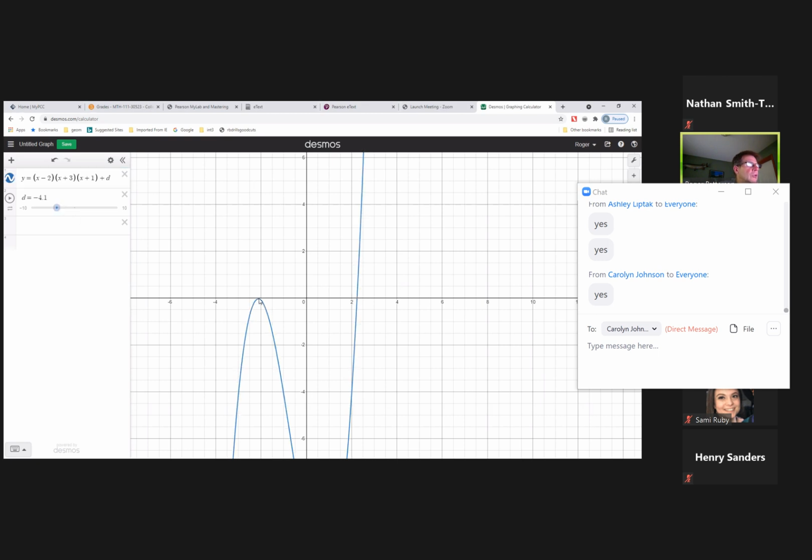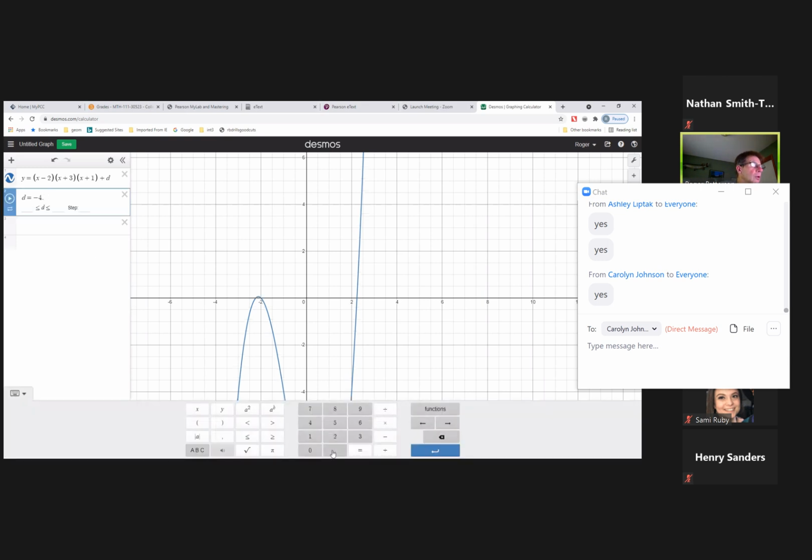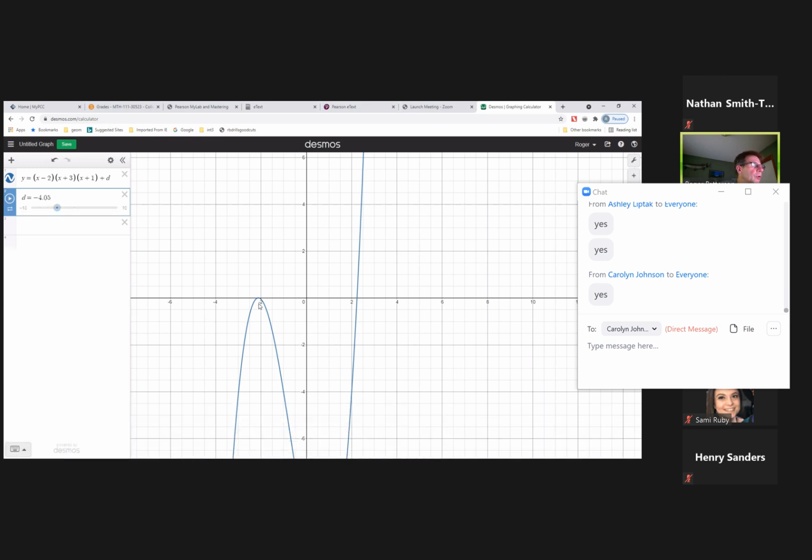I need to get this just a hair closer. It's pretty close. So that's 1, 2, so I can have 2. I can have 1, 2, and 3 x-intercepts on that. That's good.